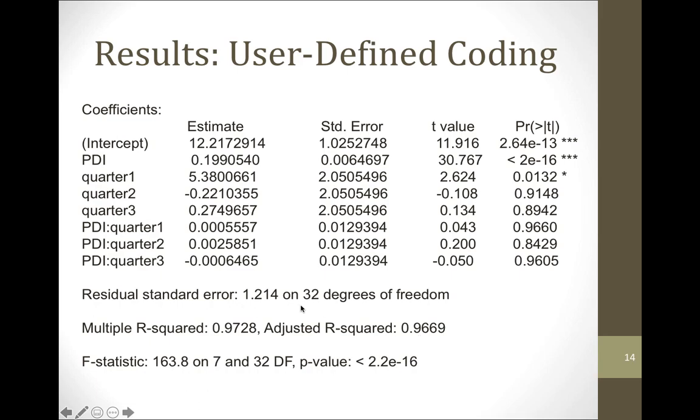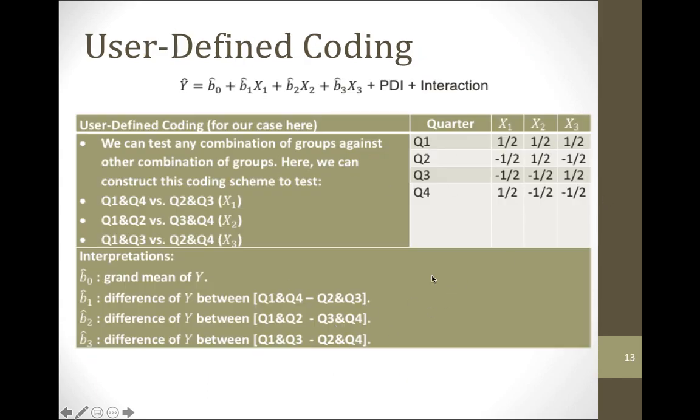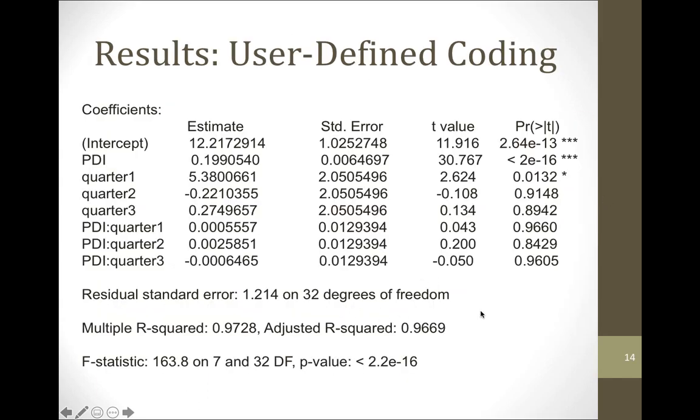So the coding scheme, if you specify k minus 1 variables, either dummy variables or unweighted effect coded variables, or user-defined coded variables, k minus 1 variables, you will get the identical overall F test, but the intercept and other regression coefficients are going to change.